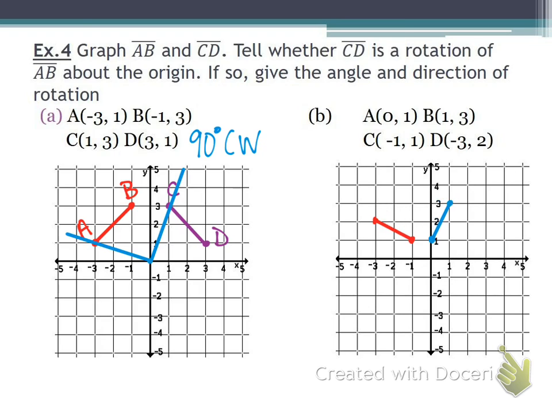Are these the same length? No. We could easily see if we were to draw these into right triangles that these are not going to have the same. Oh, actually, they are. They would have the same length, but the issue is going to come in with rotating about the origin. If you rotate about the origin, is this point going to move? No. Like by 1.